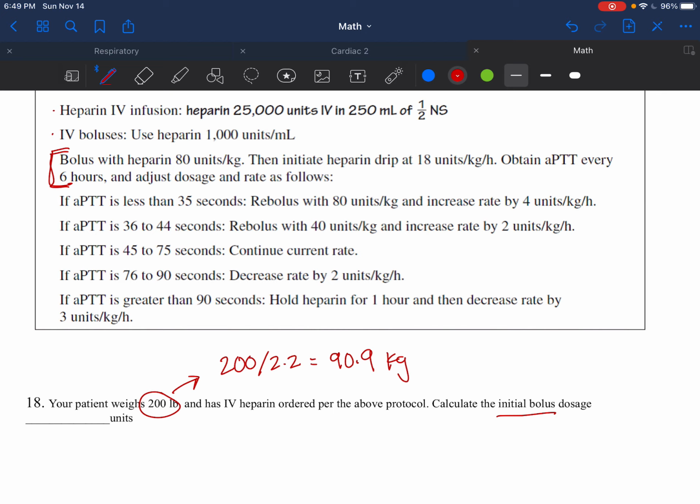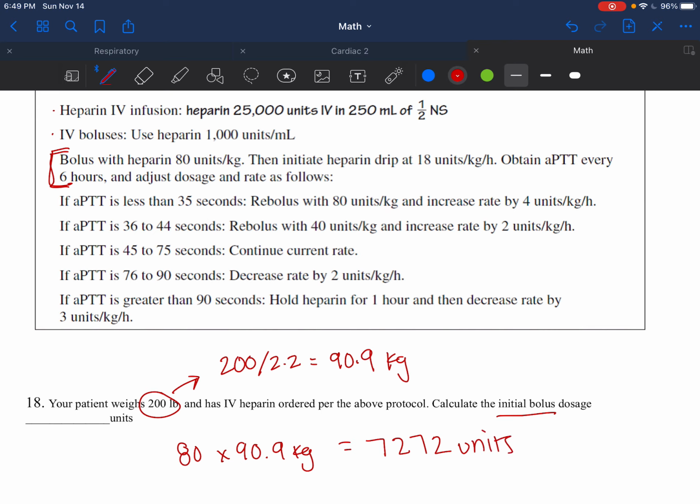So now we have our patient's weight in kilograms. We're going to go back up to the order, and it says 80 units per kilogram. So all we have to do is do 80 times our kilograms. 90.9 times 80 is 7,272 units.